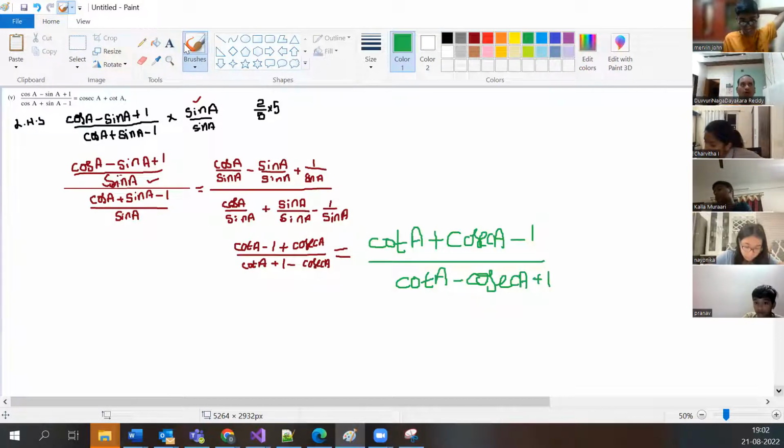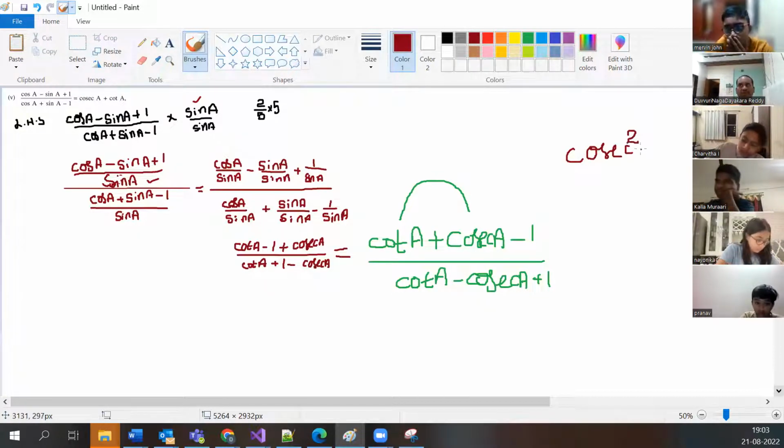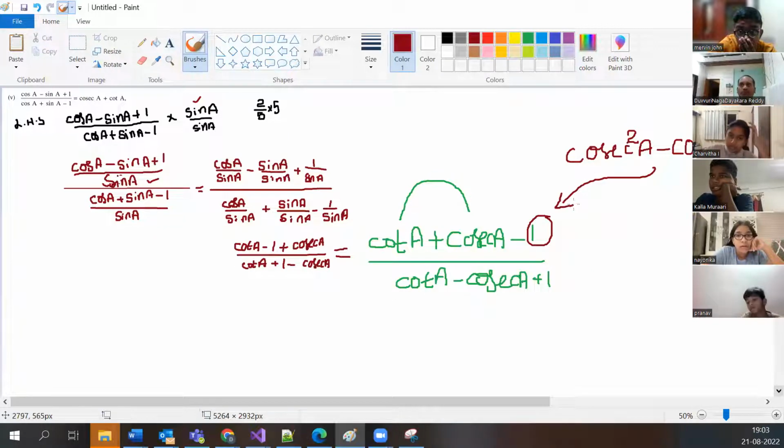Now, how do I remember the next logic? What is the relationship between cot and cosec? Is there any identity between them? Yesterday or day before yesterday we proved cosecant square A minus cot square A equal to 1, right? Now, this 1 can be replaced with this value.